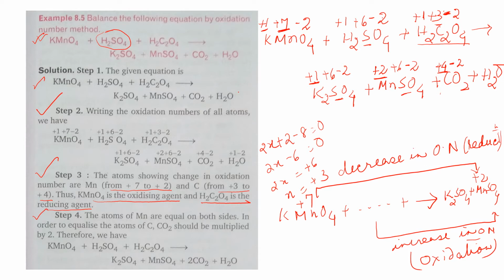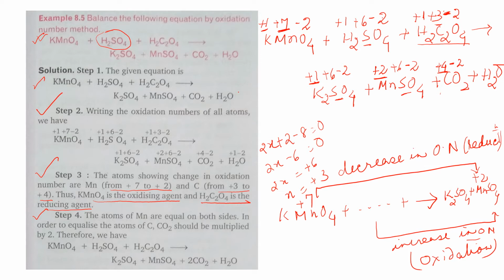Step number 4. The atoms of Mn are equal on both sides. In order to equalize the atoms, now you have to do step 4. What is step 4 saying? Step 4 is saying balance the total number of atoms undergoing oxidation and reduction.